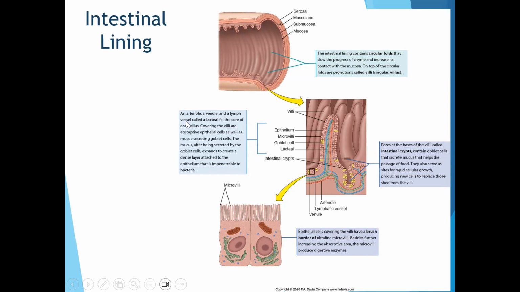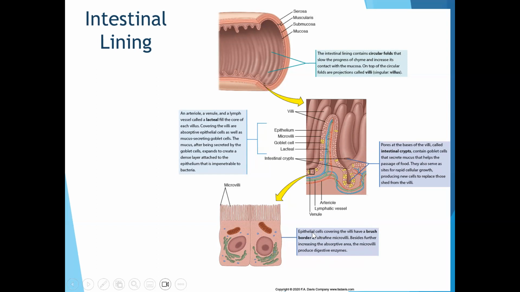So there's also a unit known as a lacteal that is in the core of each villus, and it consists of an arteriole, a venule, and a lymph vessel. On the surface of the villi are very absorptive epithelial cells, and as we said, there are goblet cells secreting mucus. So the lacteal is really the blood supply and return for our villi.